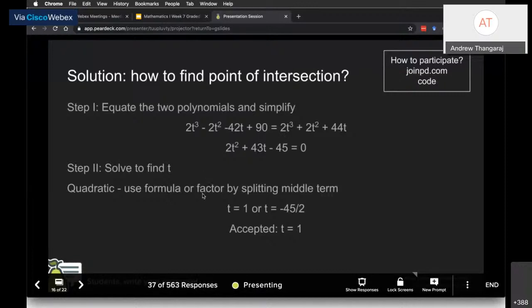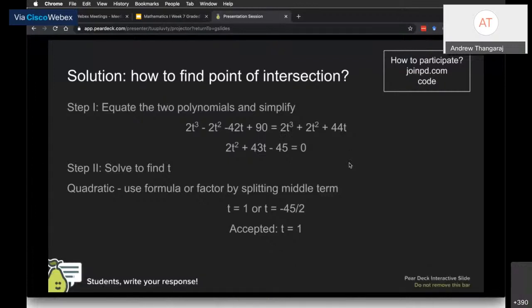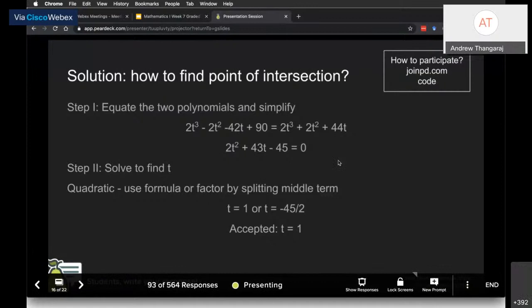In case t cube does not cancel, suppose it does not cancel and you have a cubic equation here, what will you do to find t? Think about that and put that as a response to this slide. We'll come back and look at the responses.